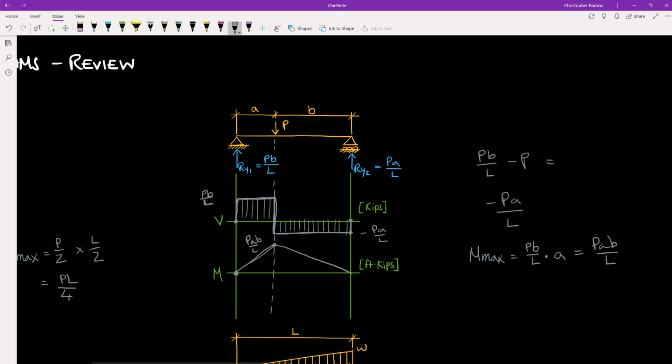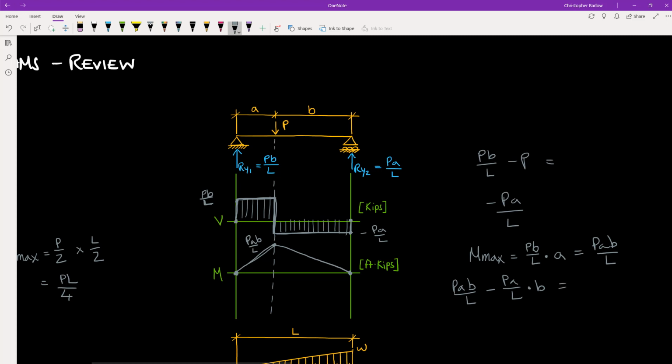And now, just to verify that that is correct, we should be able to continue calculating the area under the shear curve and end up at 0 on the right for our moment diagram. So if we take Pab over L and now continue adding this negative area, we'll get minus Pa over L times b, the length of this rectangle times the width.